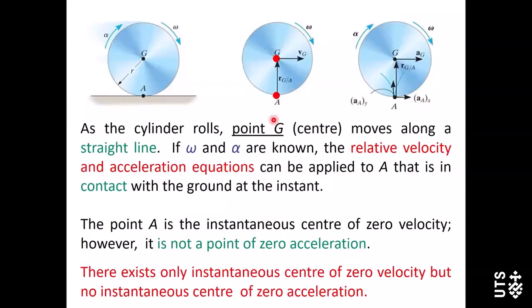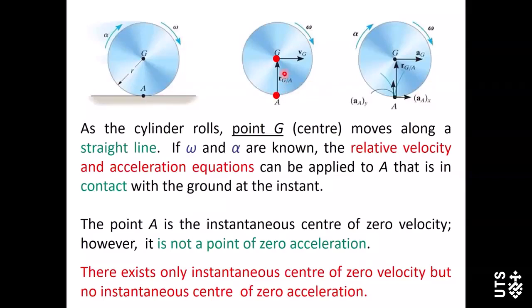In velocity analysis, why did we select point G and point A? For point G, because it's the circle center, the distance from point G to the surface is always the same.